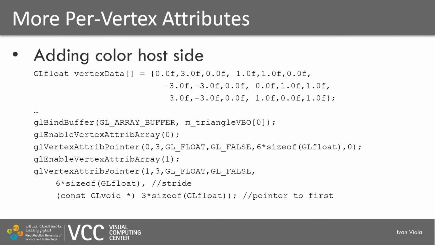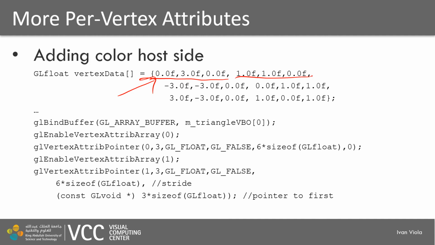So for example, if we now have for our representation, not only the position for our single triangle, but we will also have its color. Now our triangle has a little bit different coordinates, but these first three numbers will be its position, and then the second three floats will be its color.